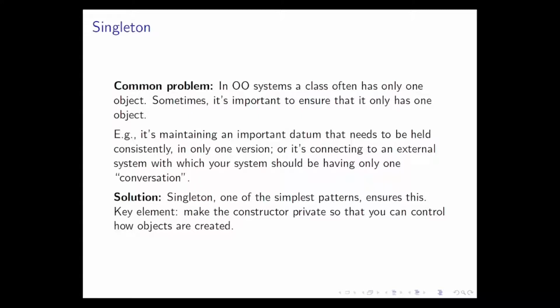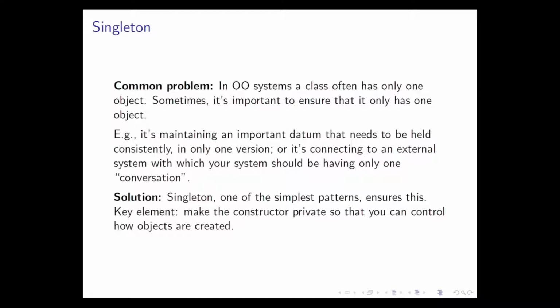Or maybe the role of the object is to manage a connection to some external system, and everything will go wrong if your system has more than one conversation at the same time with your external system. So these are the kinds of situations in which you might want to be able to ensure and easily check that your system could never have more than one object of a given class.